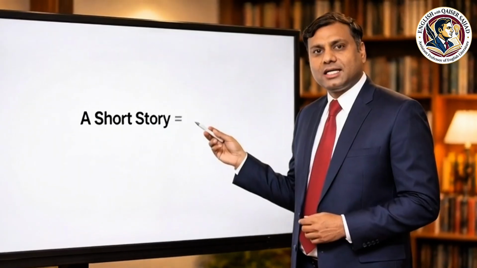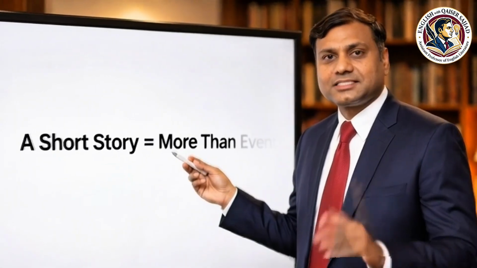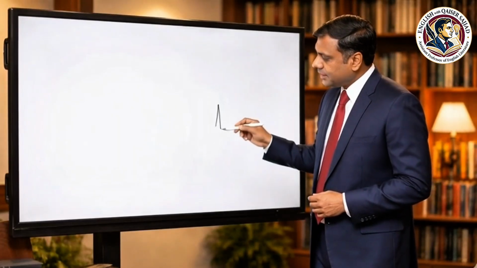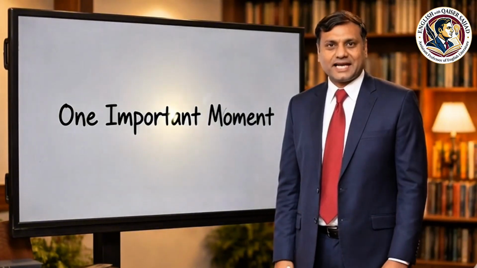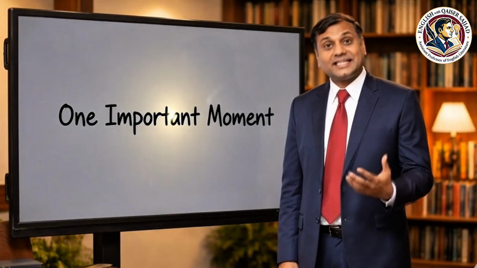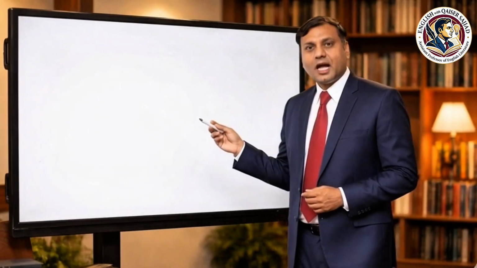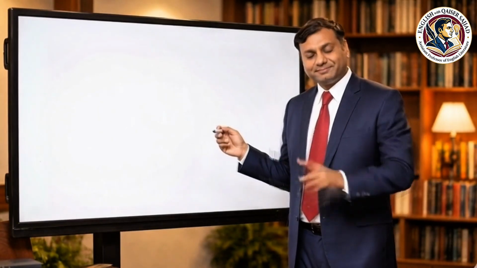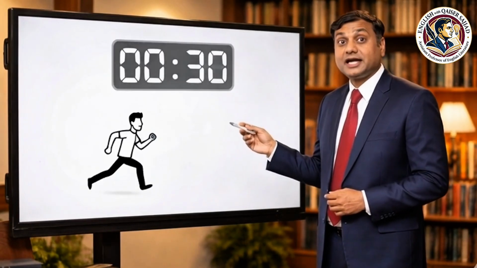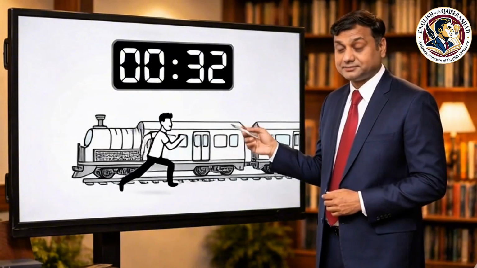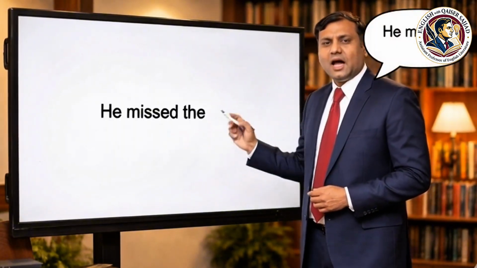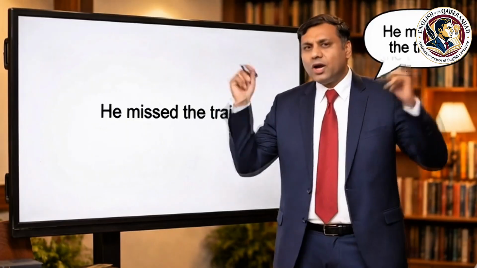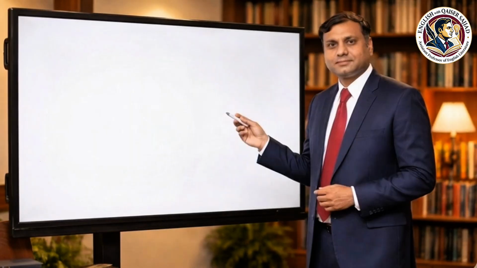A short story is not just random events. Usually, it focuses on one important moment in a character's life, but that moment has a deep meaning. Let's take a simple example. Imagine a man misses a train by just 30 seconds. A normal reader will say, okay, he missed the train.